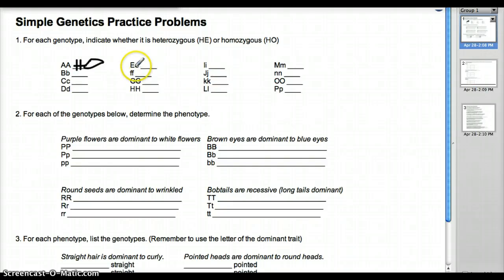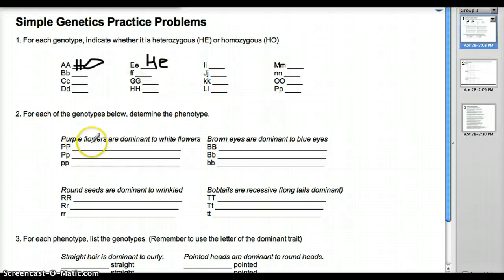If I do this one, notice how they are different, so that would be H, E for heterozygous. I'm going to get your teacher to pause this, and I want you to work out these.